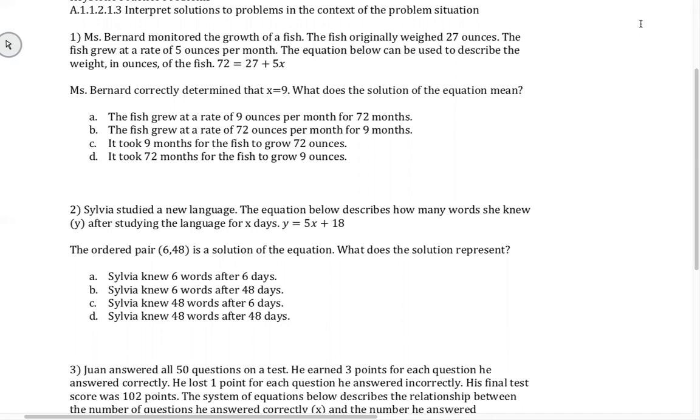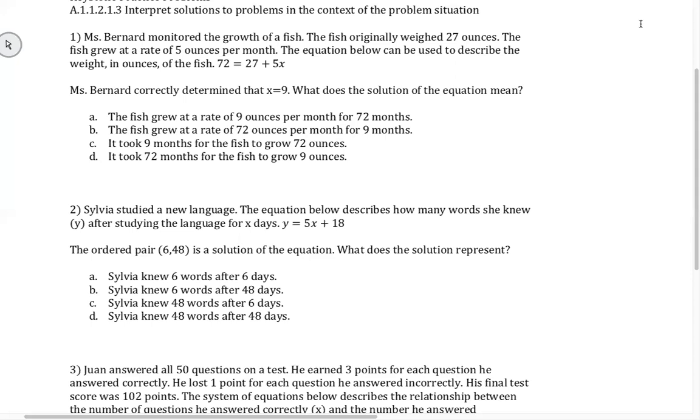No. What was that? Not really, no. Okay. Well, let's look at this. The 72 represents how much the fish weighs now, correct? The 27 represents how much the fish started out at. Okay?